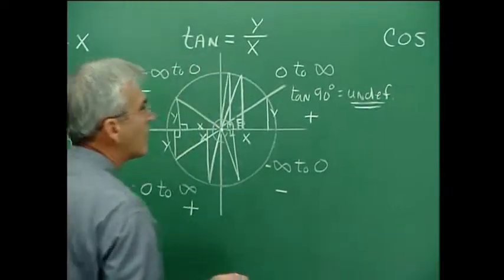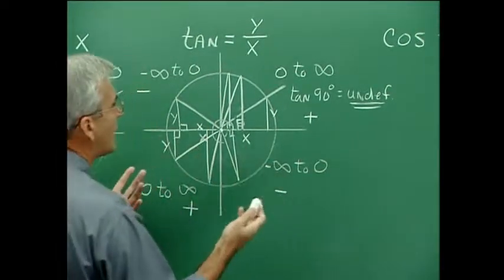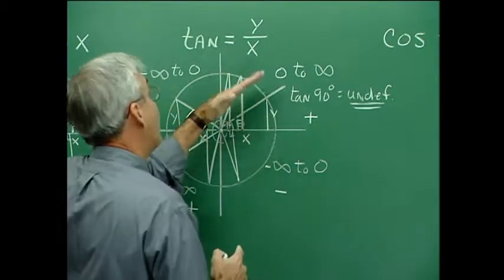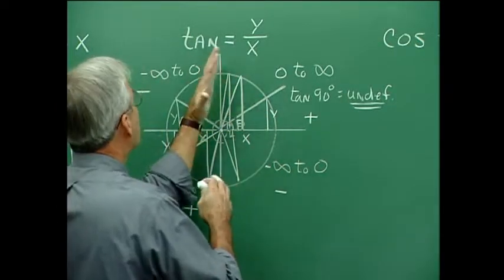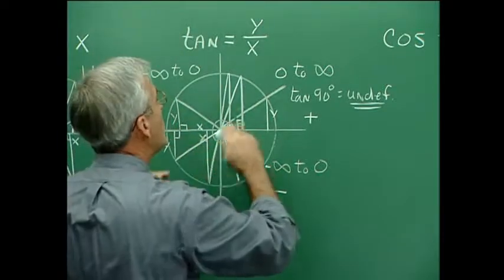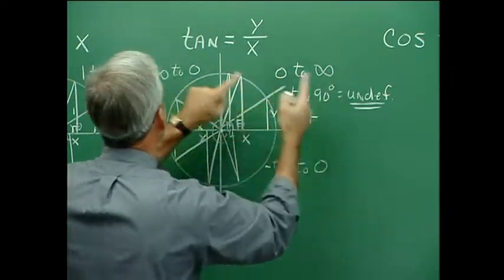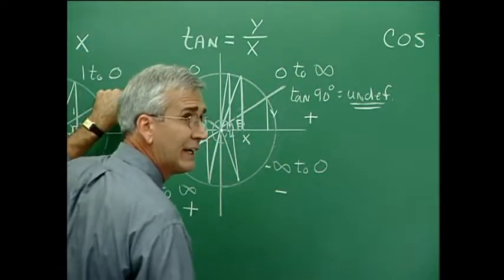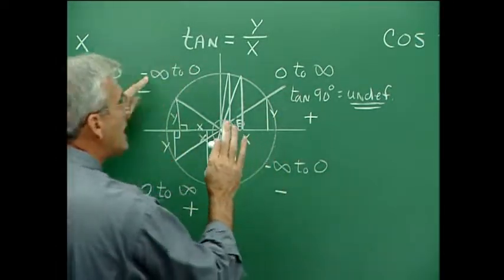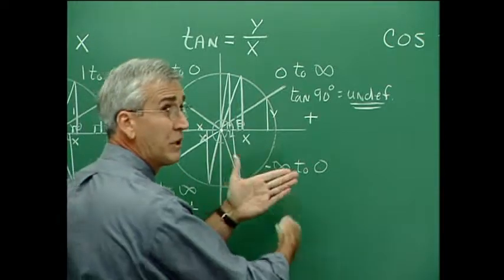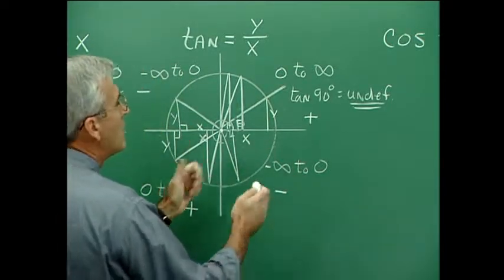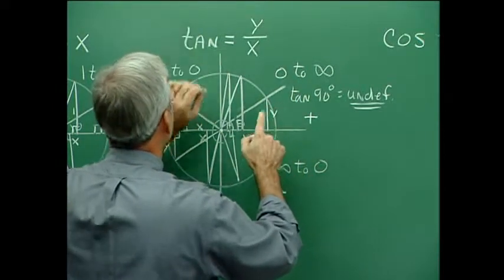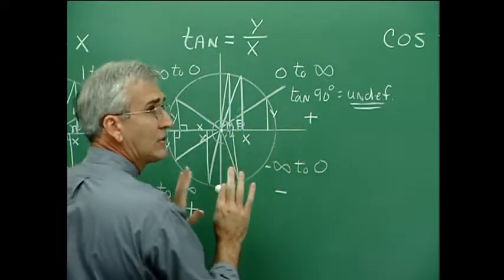Now, we might have been tipped off to the idea, as we're turning this angle, and we're just kind of flowing with the angle, the angle is just changing by a little bit every time. We go from 0 to infinity, and all of a sudden over here, it's negative infinity to 0. How did we jump from infinity to negative infinity? That's a leap. It's the idea that we're going to have an asymptote here with our graph. But at 90 degrees, the value of tangent theta is actually undefined.